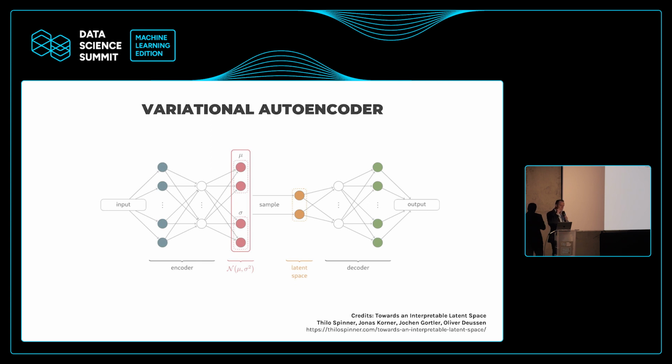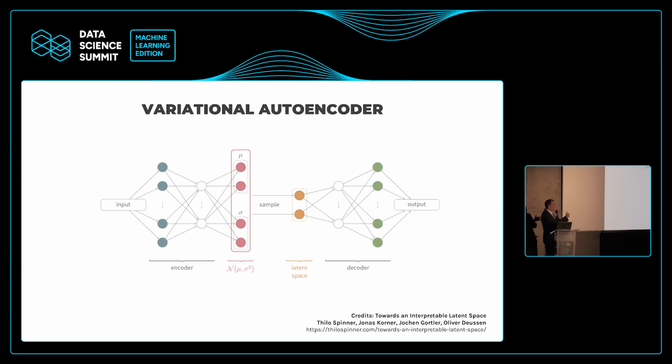So there are pairs of parameters that describe the image, not just its position, but actually the distribution. And we sample from that distribution to get the vector that we then put to the decoder. And the funny thing is that it actually works and does exactly what I've said. So we get a continuous space with elements close to each other.